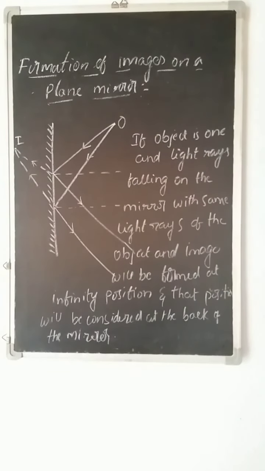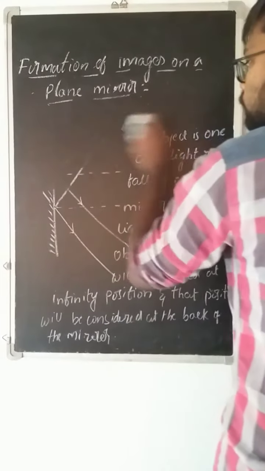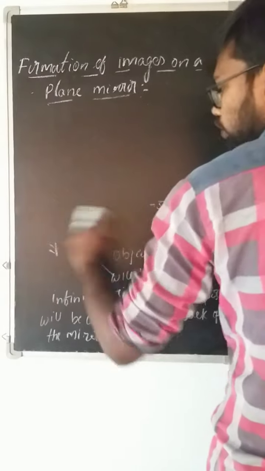This is about one object. Okay, now if we are getting images from two different objects, then how will it be formed?